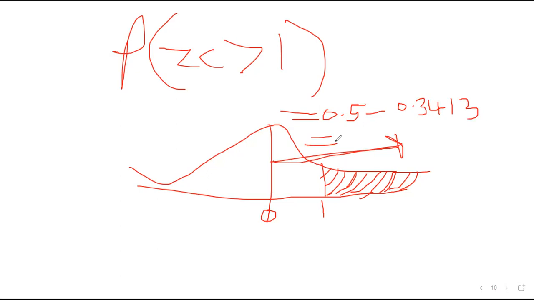So the answer will give us 0.1587. So that is the answer, 0.1587.